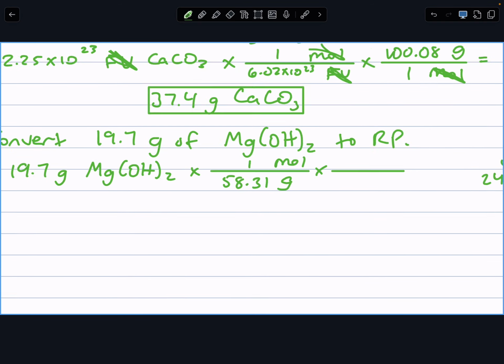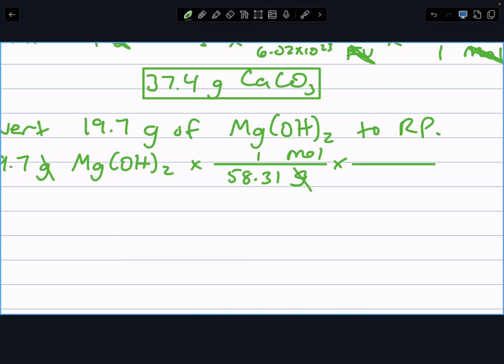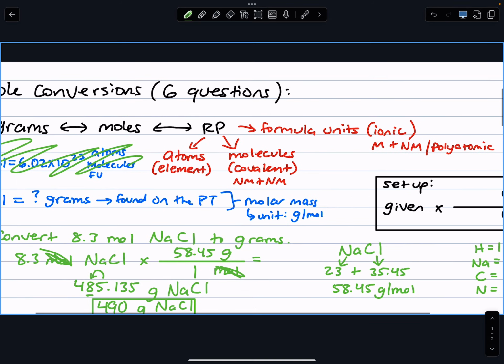Okay, what happens to my grams? I want moles. Am I finished with the problem? No. What do I want? Okay. Can I put particles on top like that? Yes. Good. I have to find which particle.